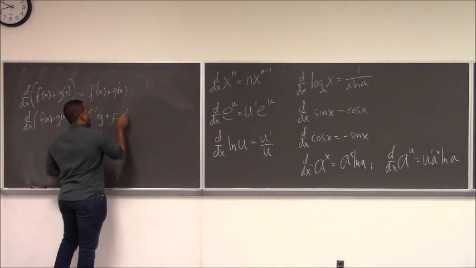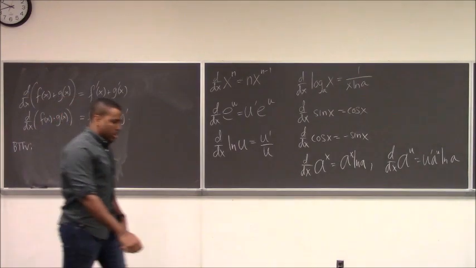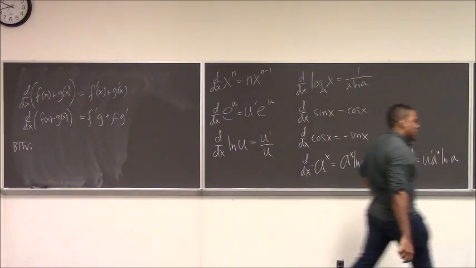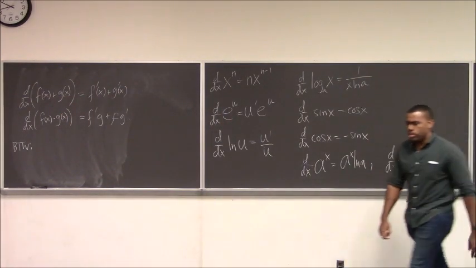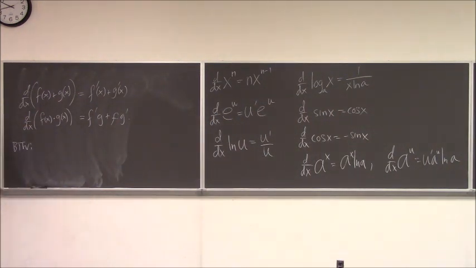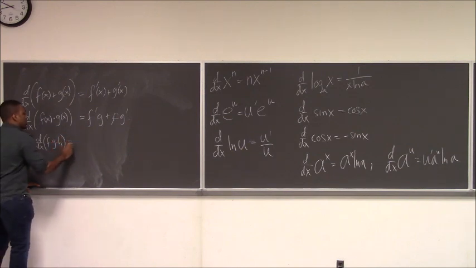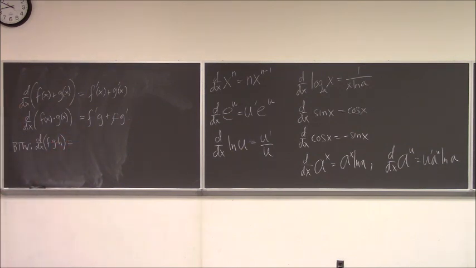plus f g prime. By the way, just a pro tip here. Product rule can be extended in a pretty natural way. You would have it memorized for two things, but it turns out that you can extend it to n things. So if you had three things, the product rule in general, in the single variable case, you can think of it as the following.